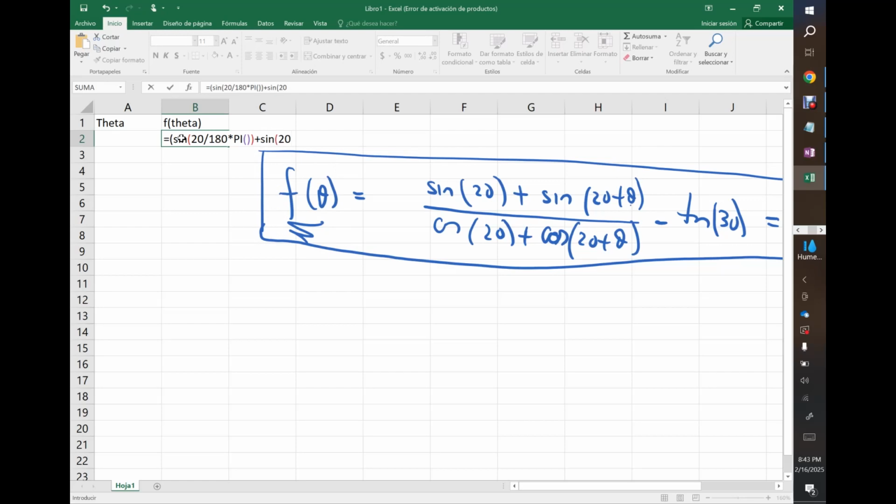20 plus theta. Now the whole thing needs a parenthesis because it's going to be 20 plus theta, and then that theta comes from here, so we put those two together, and then we divide by 180, and then we multiply by pi, and finally we close another parenthesis, and we have one more to go.